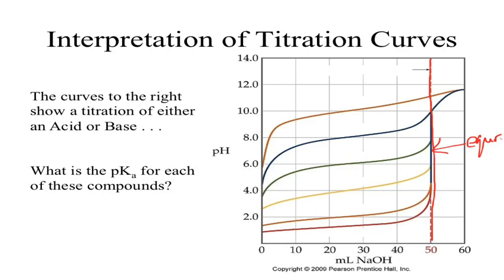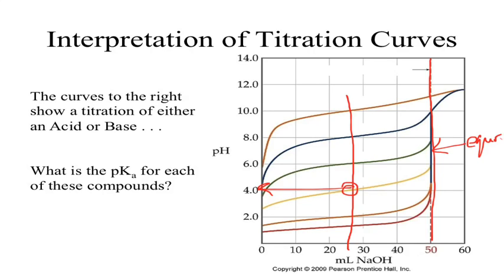Where's our half equivalence point? Half of the base that we've added. How much base did we add at this point? 50. So our half equivalence point is 25. What's the pKa of the yellow line? We go to our half equivalence point.